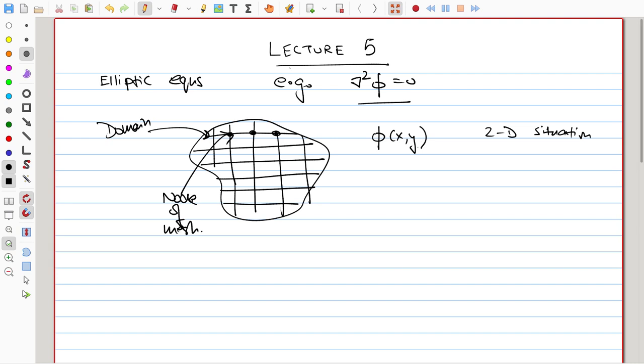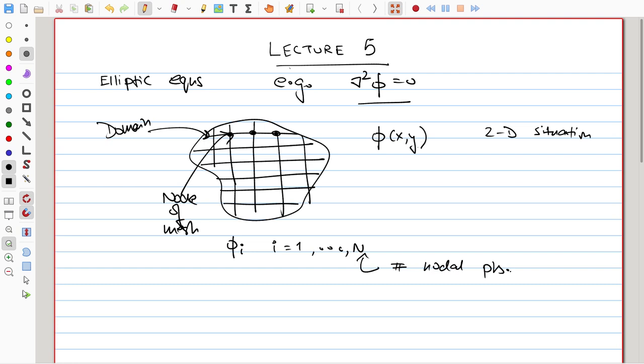So we will satisfy ourselves by finding phi values at these mesh points. So we will call them phi i's, where i goes from 1 to n, where n is the total number of nodal points. So if you have, let's say, 10,000 discrete points in the domain, you are happy with finding out the phi values at those 10,000 points only.